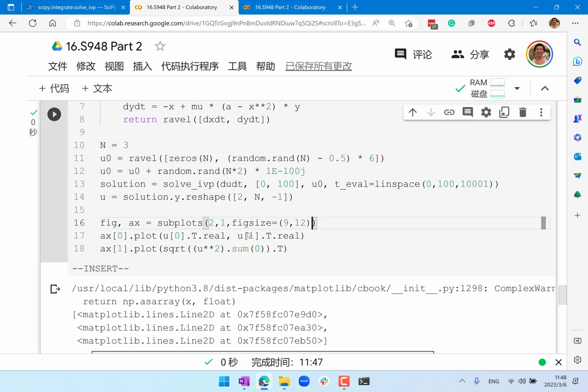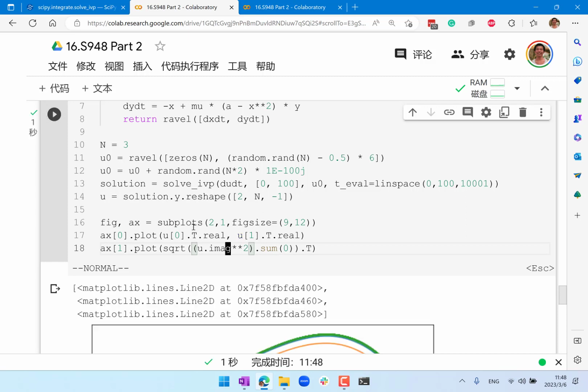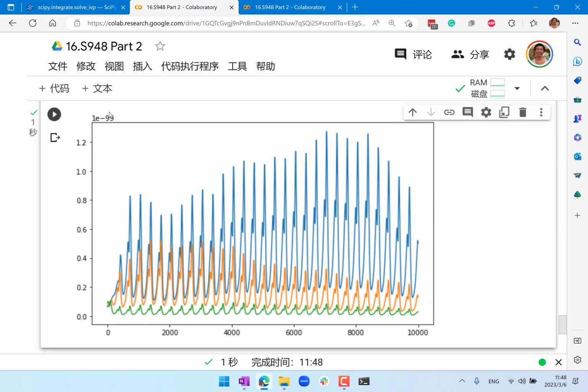One second, why? Actually, sorry, I should not be plotting the magnitude of u, but the imaginary part of the magnitude of u. That should be what I focus on. So the magnitude is right, about 10 to the minus 100.